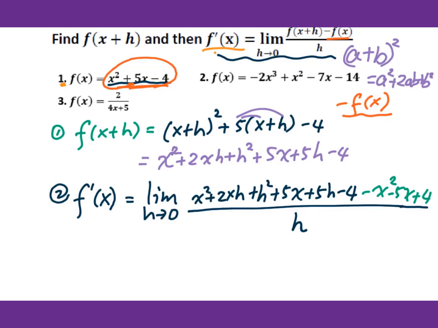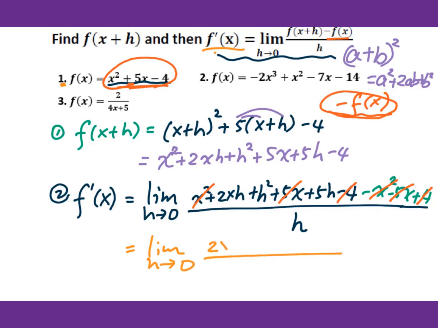Simplify, combine like terms. Remember, everything in this f(x) will be gone. So I will get, from the right side, 4 and negative 4, negative 5x and positive 5x, negative x squared and positive x squared. You will get the limit as h approaches 0 of 2xh + h squared + 5h, then over h.